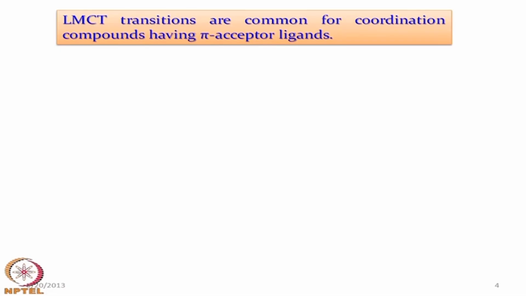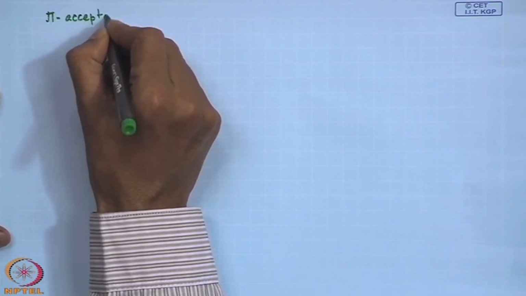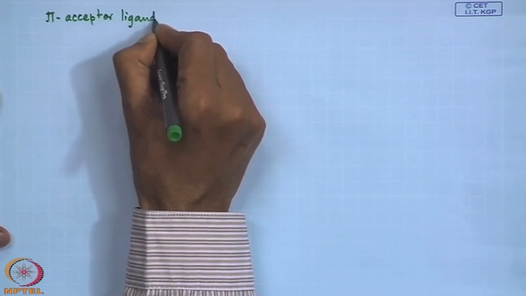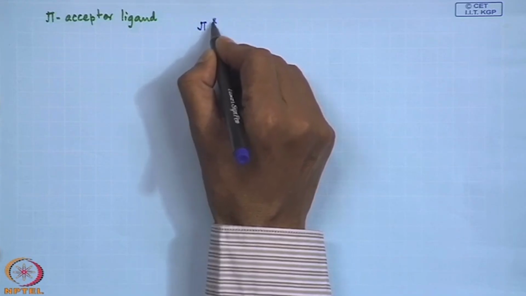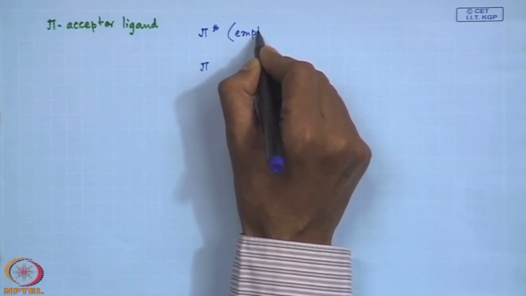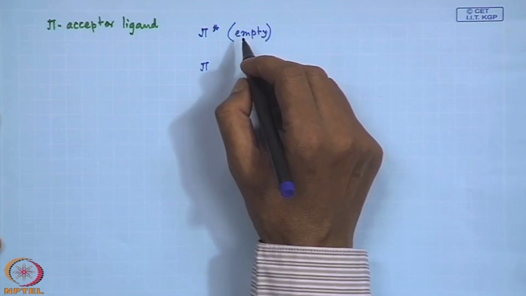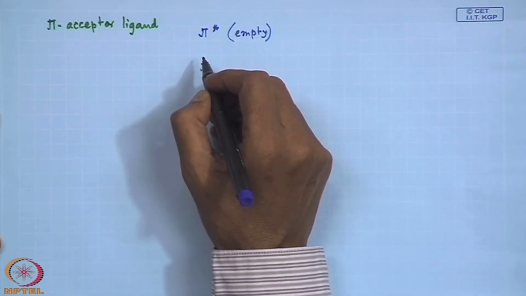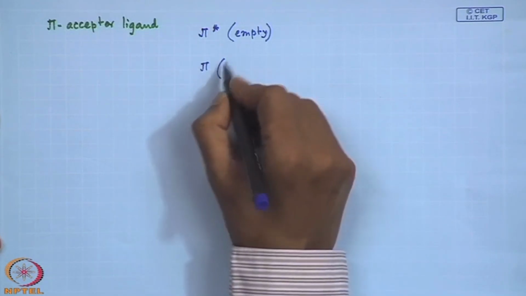One important thing we are now defining is that if we have a pi acceptor ligand, the system will have the pi level as well as the pi star level, and if the pi star level is empty, it is a vacant molecular orbital, then we can have a system where the pi level is full.